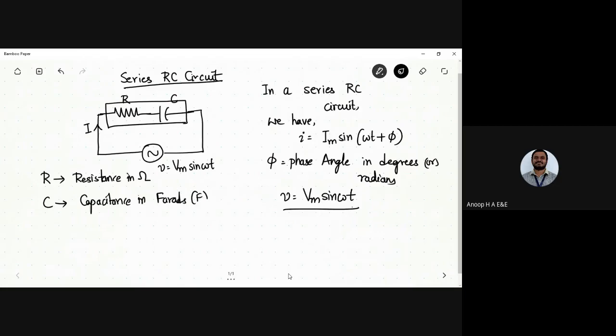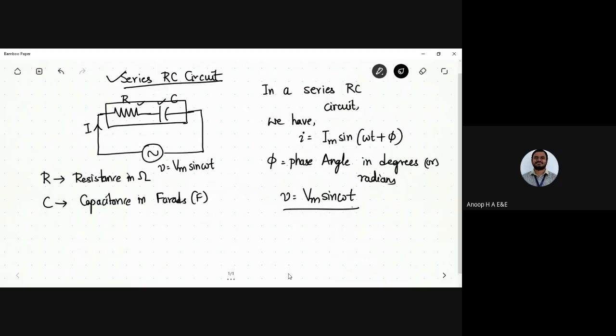Now I have this series circuit where R and C are connected in series. It's a pure resistance and a pure capacitance. Once it is connected in series, it forms a series RC circuit.